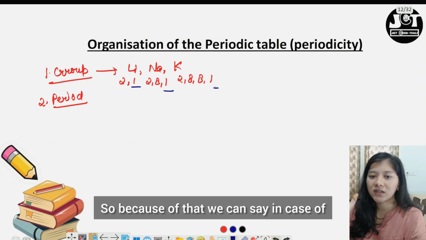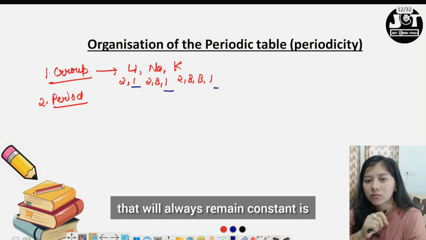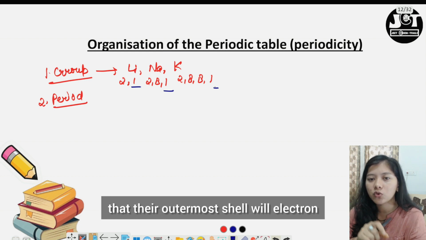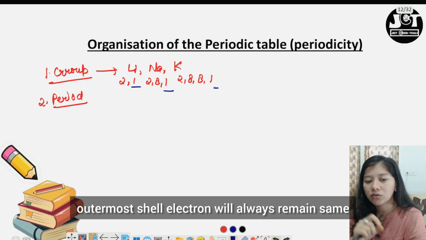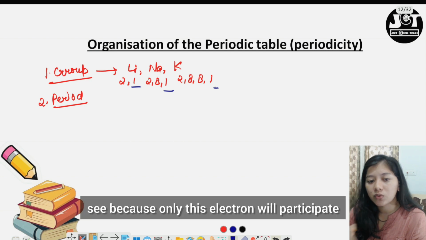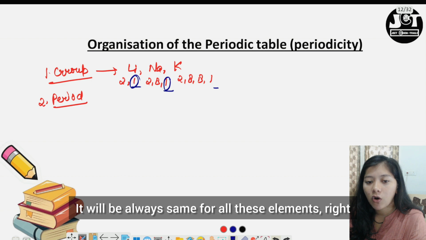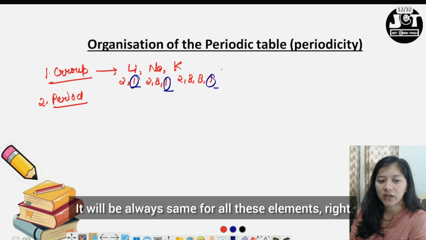So because of that we can say in case of a group there is one tendency that will always remain constant, is that their outermost shell electron will always remain the same. Because of that their chemical properties, because only this electron will participate in the chemical reaction, right? It will always be the same for all these elements, right?